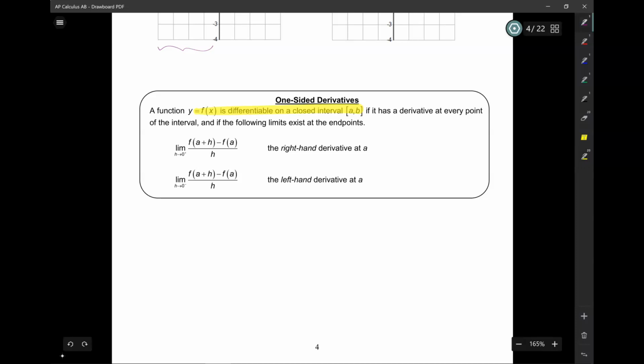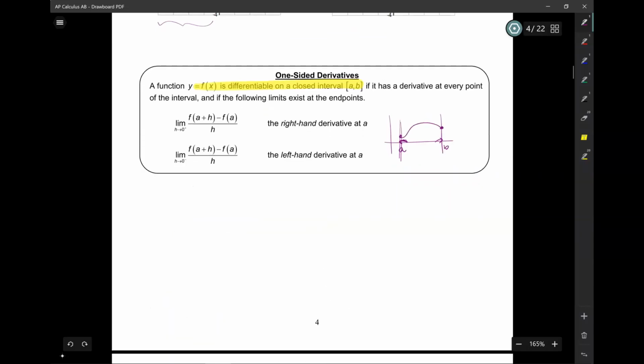And when it comes to the endpoints, A and B, what we have to do is look at the derivative from the one side, and that's how we can evaluate the derivatives at the endpoints. We call those one-sided derivatives. Let's do a little bit of practice with one-sided derivatives.